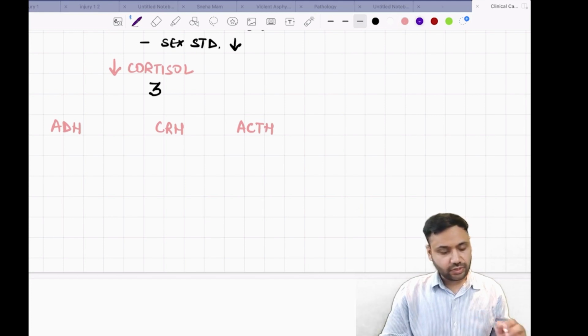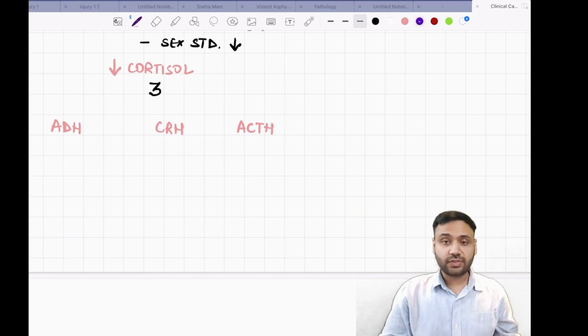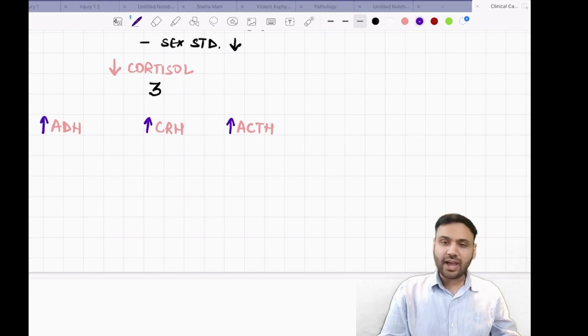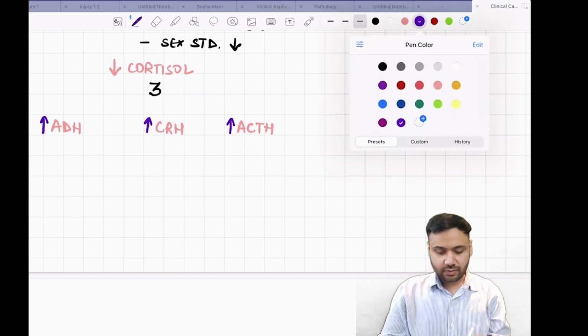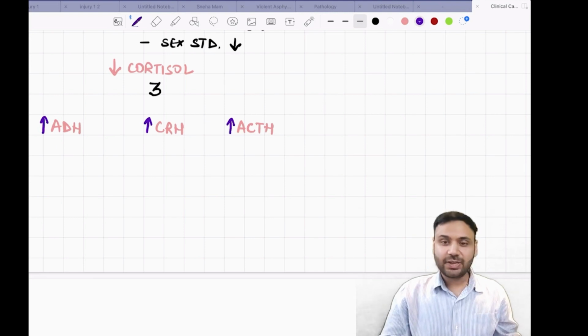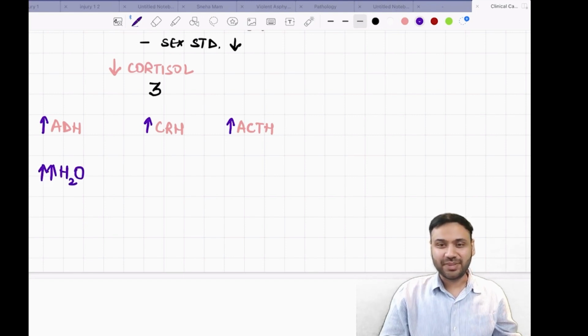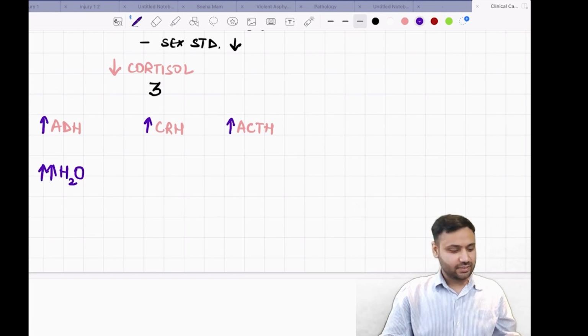So when cortisol decreases, these three hormones which are negatively regulated by cortisol will increase. So what happens when ADH is increased? It increases water absorption, which would lead to hyponatremia, right? So I think we have solved the mystery. Not yet. Let's go further.